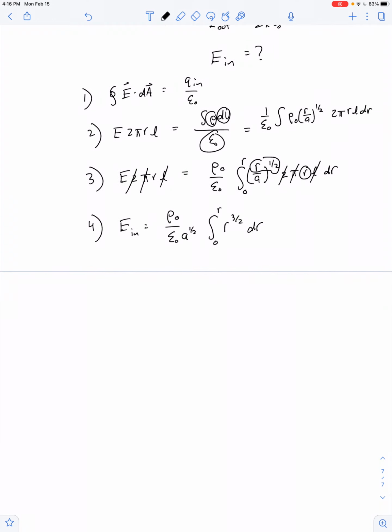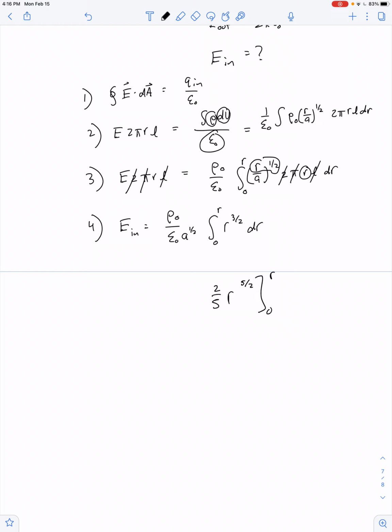Okay, so the integral of r to the 3/2, we think of integration as the antiderivative, so we know we're going to get an r to the 5/2. And I guess we've got to put a 2/5 in front of that. If we evaluate it from 0 to lowercase r, that doesn't change anything, right?